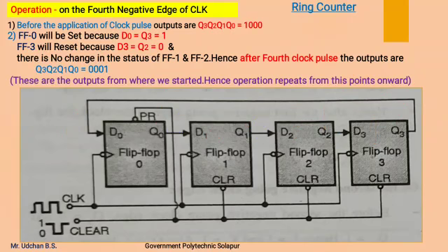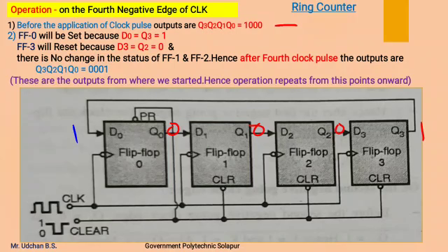Now we will see the operation on the fourth negative edge of the clock pulse. Before the application of the fourth negative edge, the outputs are 1 0 0 0, meaning Q3 is 1, Q2 is 0, Q1 is 0, Q0 is 0. From this we can find the various D inputs. Here Q3 is 1, D0 will be 1.